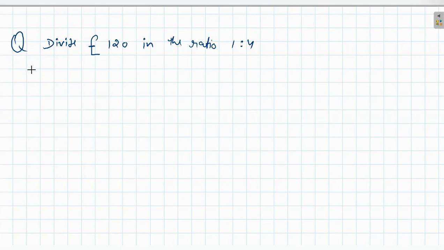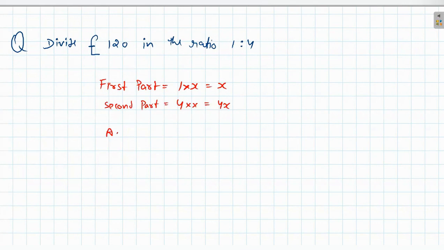We will assume that the first part is x, and the second part is how much? 4 times x, that is 4x. Get it? And then I will write it down according to the question. They are saying that if I add x and 4x, what will I get? 120. Yes or no? 120.